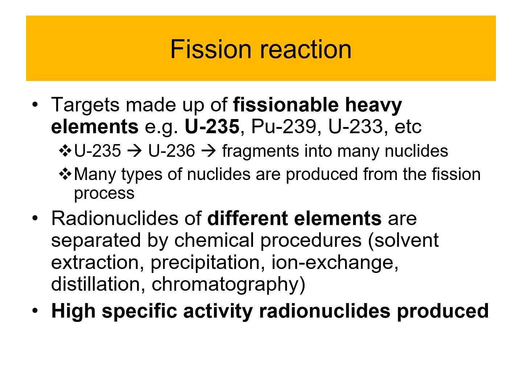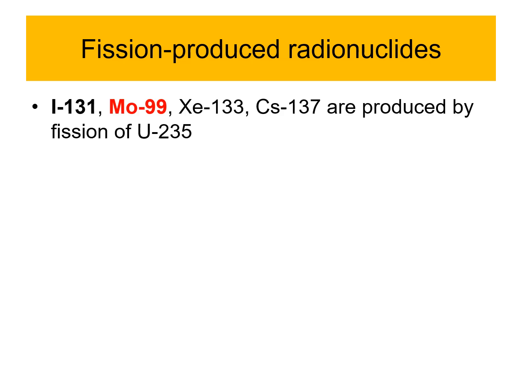Radionuclides produced from fission process have high specific activity. The starting or target material is uranium-235, which becomes uranium-236, but the product nuclides that you are getting could be molybdenum-99, iodine-131, xenon-123, and so forth.